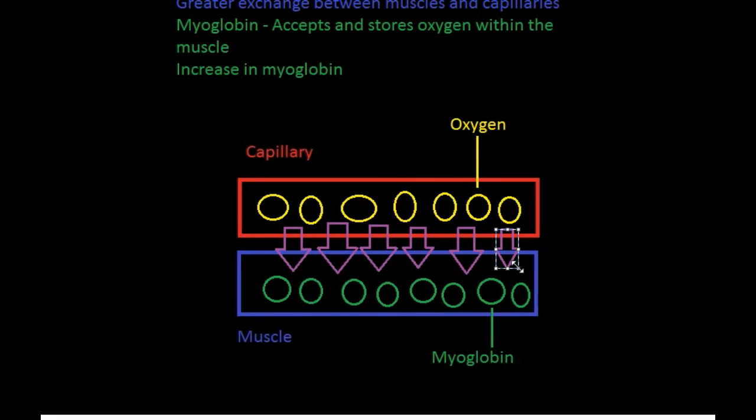So this combination of the blood flow at the muscle capillary level slowing down, so there's greater time for these oxygen molecules, nutrients, etc. to be exchanged, and the increase in the amount of myoglobin that can accept and store the oxygen, will end up resulting in a net increase in ATP production by the mitochondria.